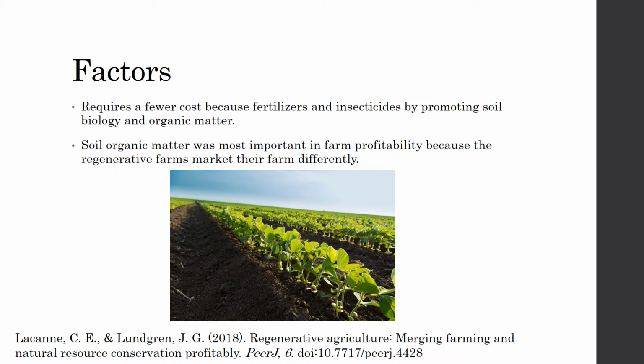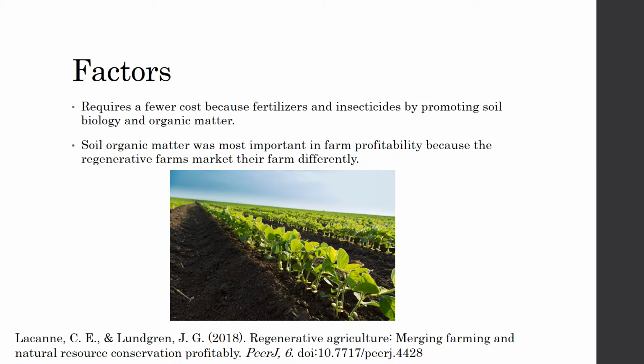So with regenerative agriculture, it does require fewer costs for fertilizers and insecticides by promoting soil biology and organic matter. So you don't need as many of these chemicals, making it more cost effective in the long run.